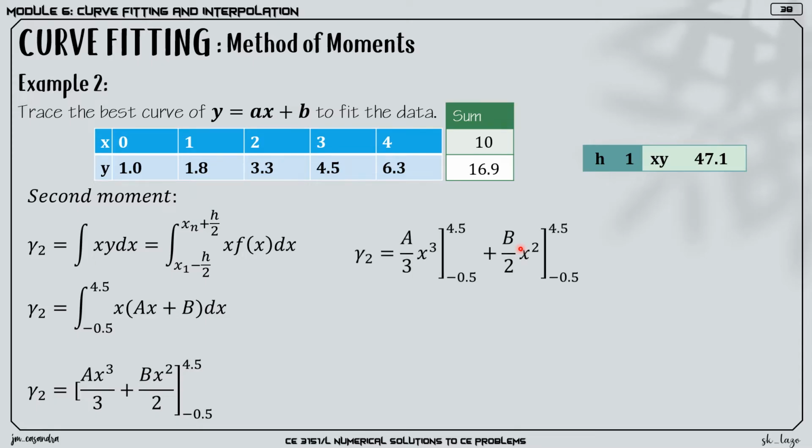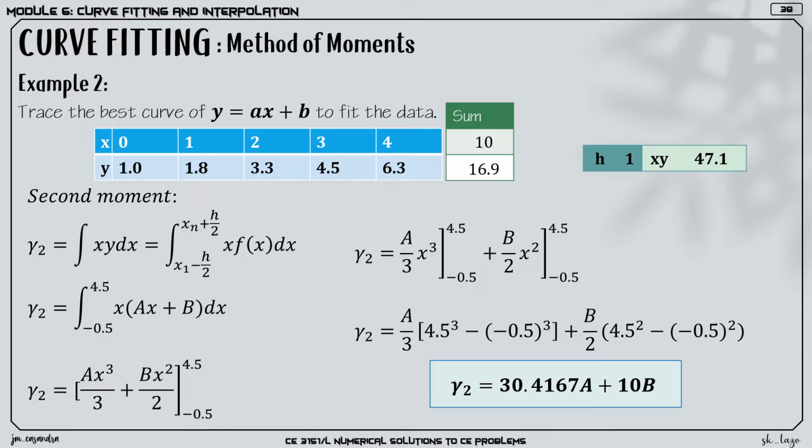Simplifying, we arrive at a over 3 times 4.5 cubed minus negative 0.5 cubed plus b over 2 times 4.5 squared minus negative 0.5 squared, which gives us gamma sub 2 equal to 30.4167a plus 10b.